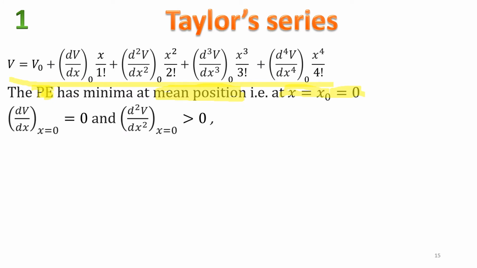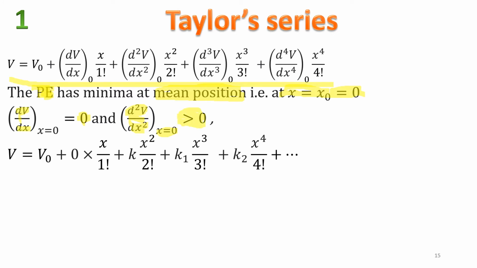So the mathematical condition for minimum of the function is dV by dx is equal to 0 for minima or maxima, and for minima the second order derivative of potential with respect to position at the point of interest, that is x equal to 0, is positive. So minima is represented by a positive second order derivative.